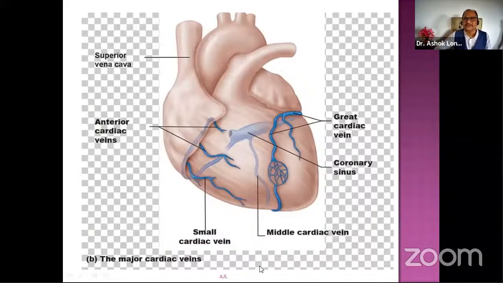This is just a similar diagram showing the venous structure around the heart, with the superior vena cava.